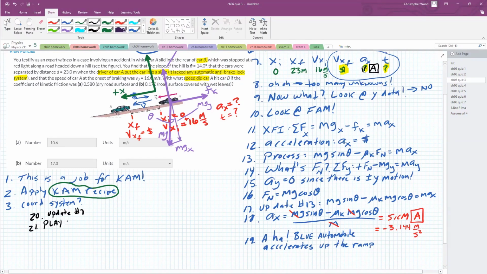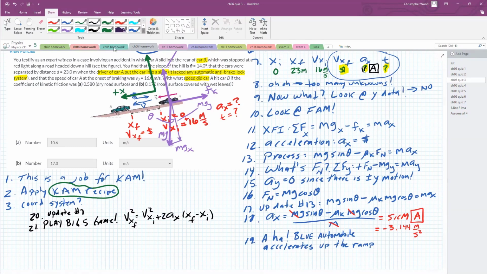The Big 5 game says, which Big 5 equation contains the variable you care about, with all other variables known? In this case, I'm going to guess this one: VXF squared equals VXI squared plus 2 A sub X times X final minus X initial.